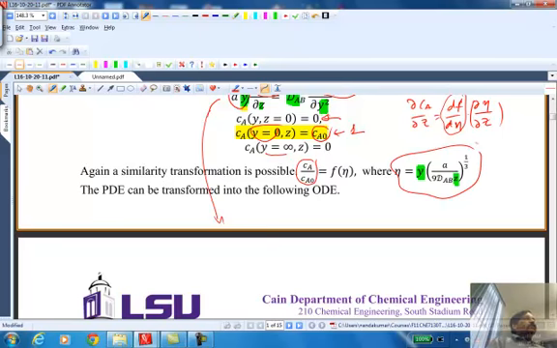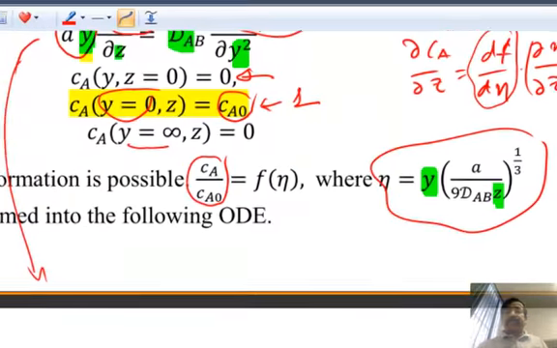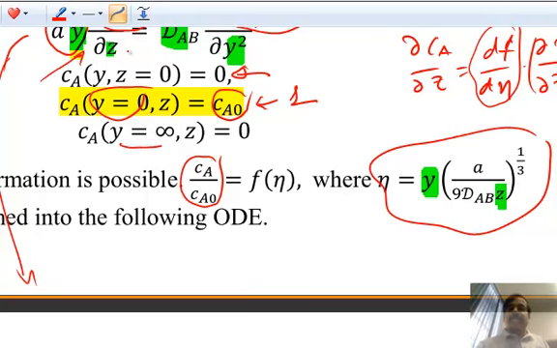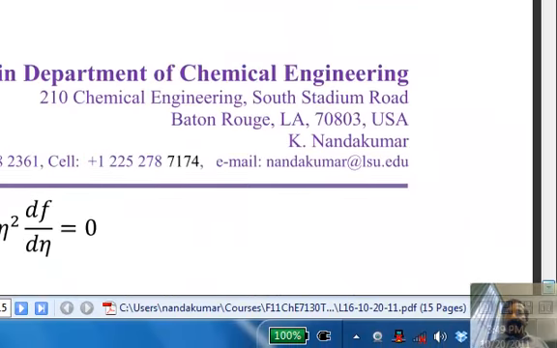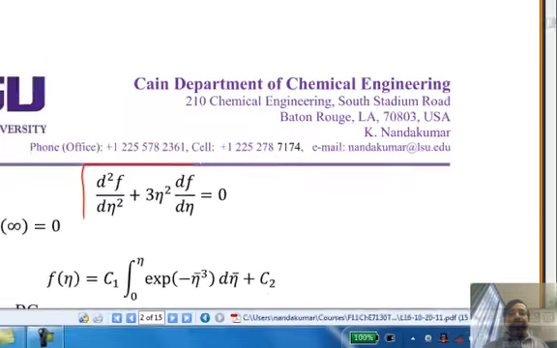So there is a good page of algebra involved in calculating all these partial derivatives and plugging it on the left hand side and on the right hand side. Once you do that and simplify, you will find that wherever you had y and z on both sides, they will cancel out, and you will get this following ordinary differential equation.